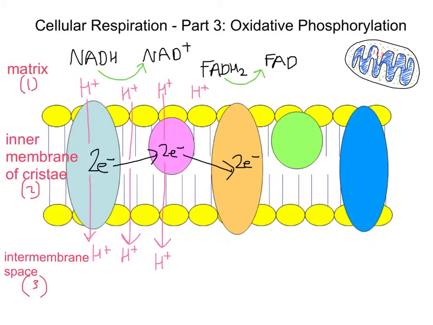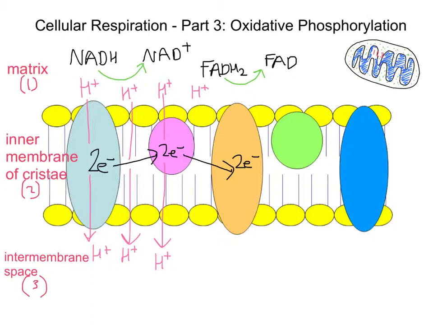Now, one term that you should know for the exam is chemiosmosis. That is the name we give to the process of ATP synthesis, which is what we're doing here. We're trying to produce ATP ultimately via electron transport and the use of concentration gradients. So making ATP using these electron carriers with electrons jumping from one to another, that process is known as chemiosmosis.